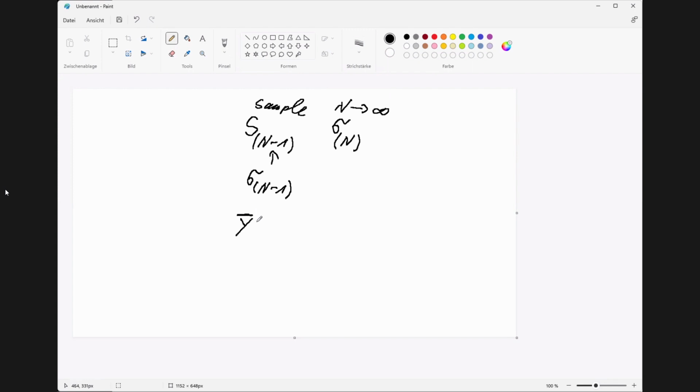In Germany, we say this is a mean from a sample, and this is the mean when n is going to infinity. What is the difference? You have a measurement row, and you have measured many times.